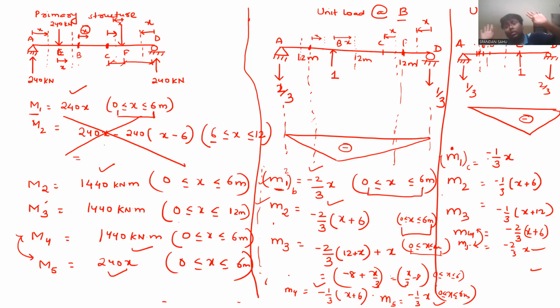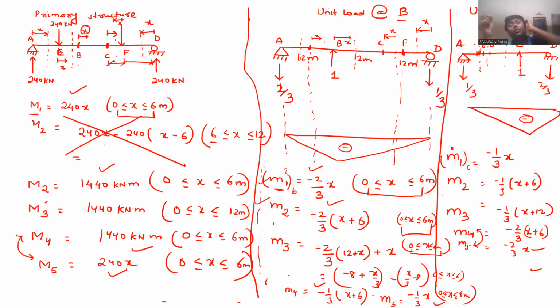I don't know what reaction is acting there. It might be one, it might not be one, it might be something else. But the best thing is to apply one unit load. Then multiply with the corresponding unknown, you will get the equation.